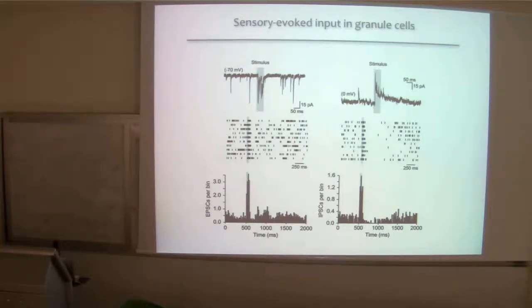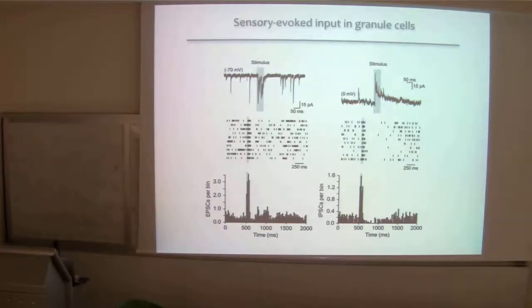When we switch to 0 millivolts, the reversal potential for excitation, we're only looking at inhibition. So in the same cell, we can look at both the excitatory and the inhibitory input it's getting during sensory stimulation. In pretty much all cells, you see a burst of fast phasic IPSCs, but also this long, pronounced, slow spillover-mediated inhibition.